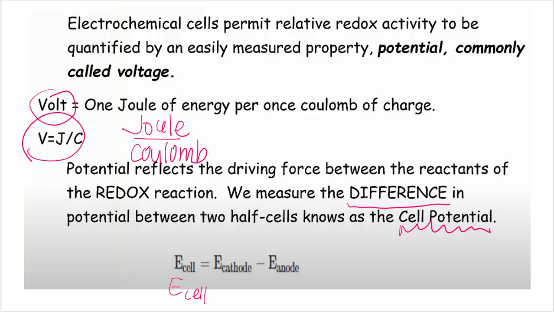So what we do is we take the cathode voltage minus the anode voltage to come up with the overall cell's voltage. You can also think of this as reduction minus oxidation.